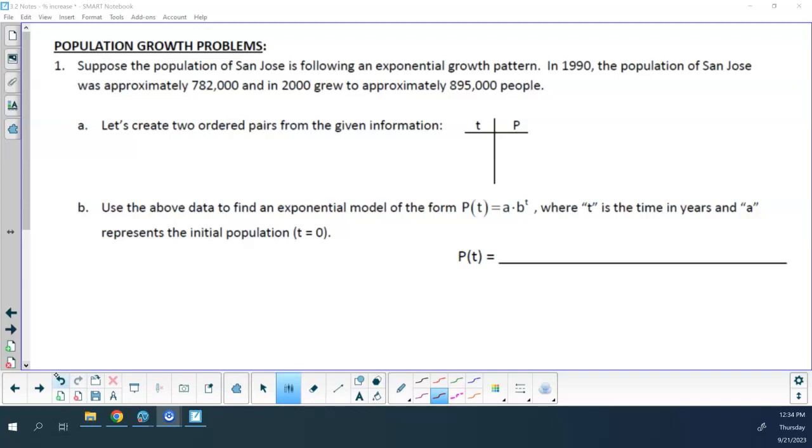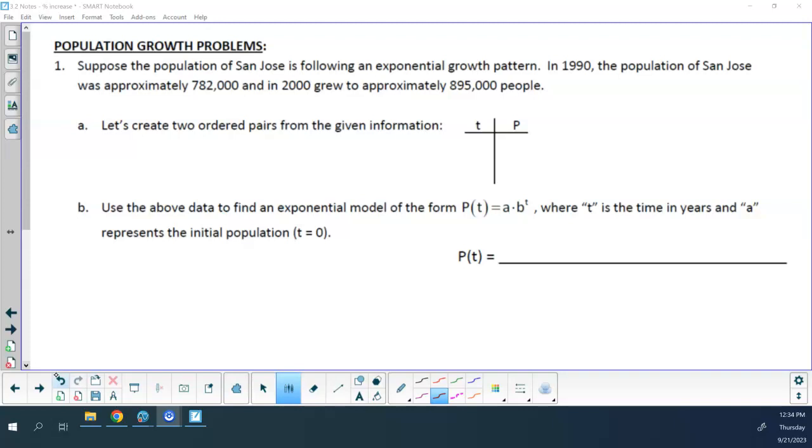So, suppose the population of San Jose is following an exponential growth pattern. In 1990, the population of San Jose was approximately 782,000 people. In 2000, it grew to approximately 895,000.